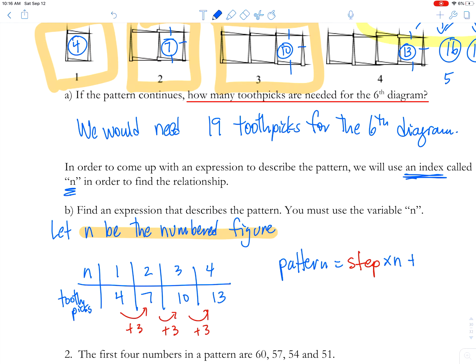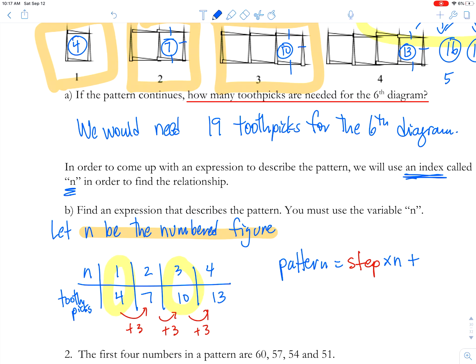And then we're going to have to add some sort of correction though, because if you look, I'm going to highlight in bright yellow, when n equals 1, 3 times 1 would give us 3. We'd have to add 1 more to get 4. When n equals 3, 3 times 3 is 9, plus 1 more is 10. So we'd have to do that plus 1 more each time.